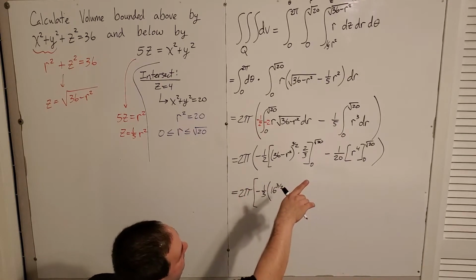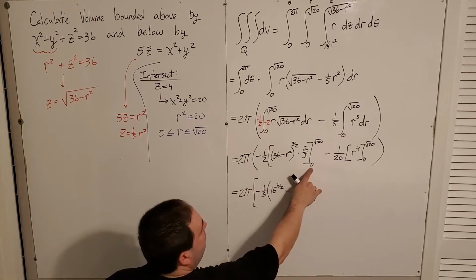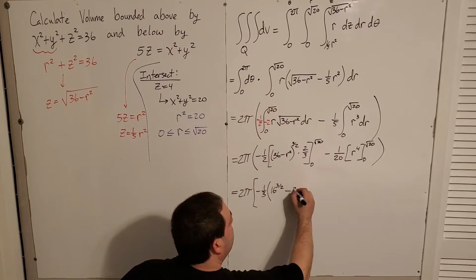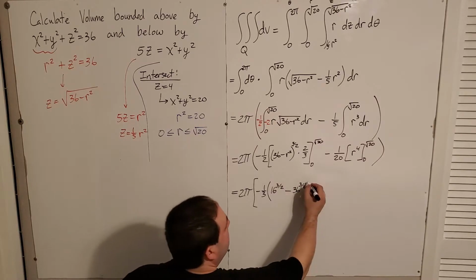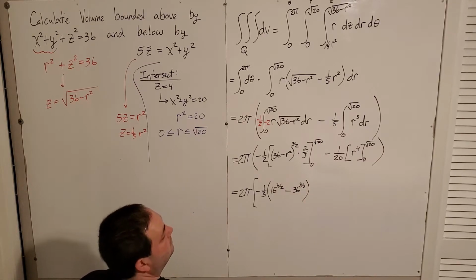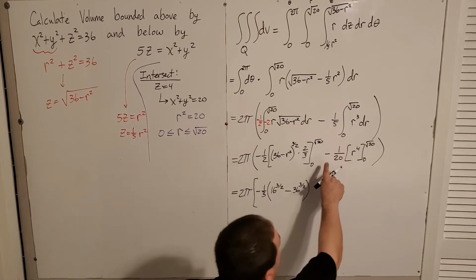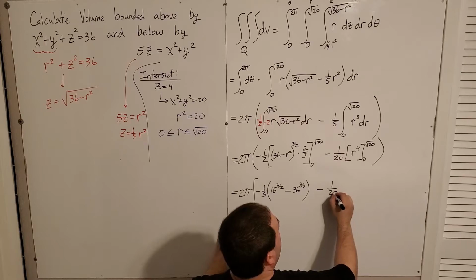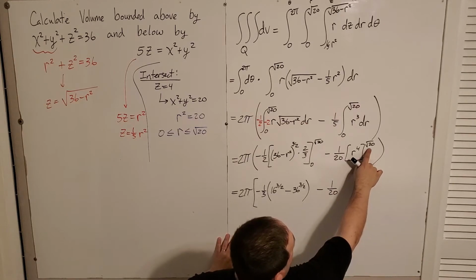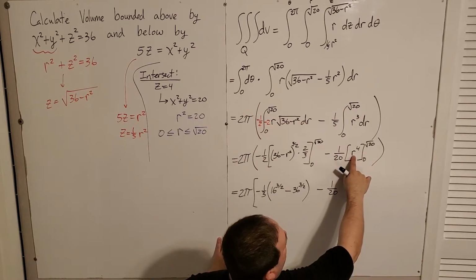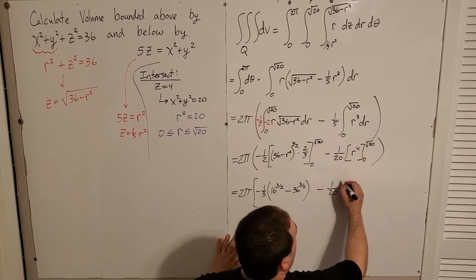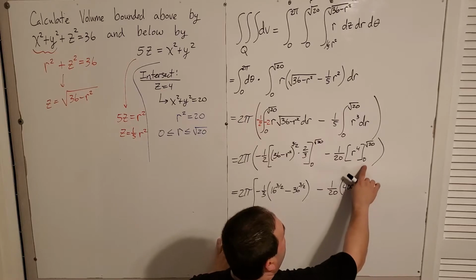Minus, if I plug in 0, I've got 36 to the 3/2. Next, minus 1/20. Plugging in square root of 20 into r to the 4th gives me 20 times 20, or 400, minus 0.